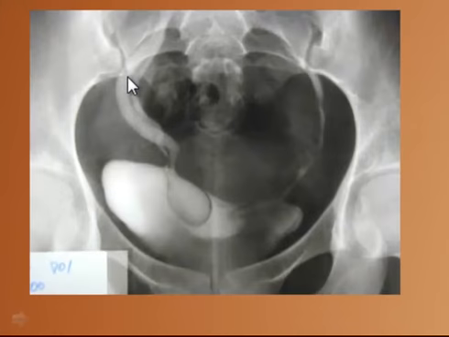We've got a double collecting system going here. Surprised that there isn't an issue. And here's the bladder. It's filling up with contrast media. You'll see basically the other side here too. And what's happening is it's bulging out like a bubble into the bladder. And in doing that, it's got contrast media within it, but it also has tissue which is displacing the contrast media while you see it.